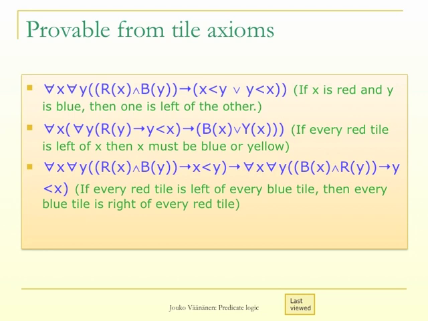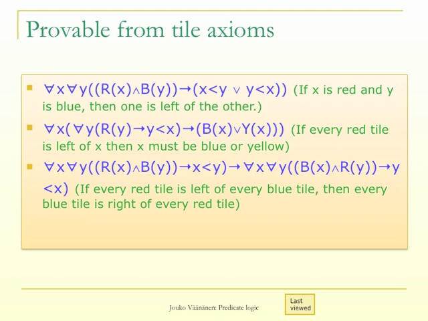Next, if every red tile is left of every blue tile, then every blue tile is right of every red tile. Well, sounds pretty obvious, but still we need to use the axioms of order and tile models to prove this.